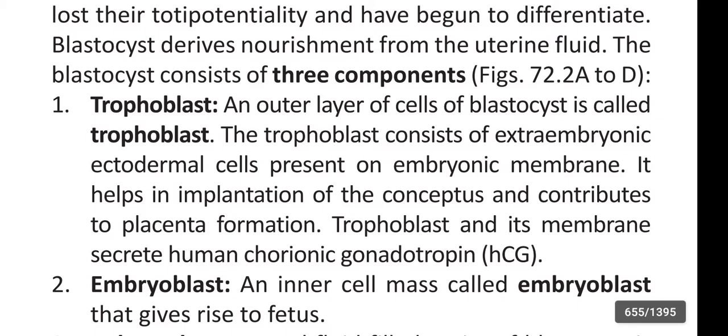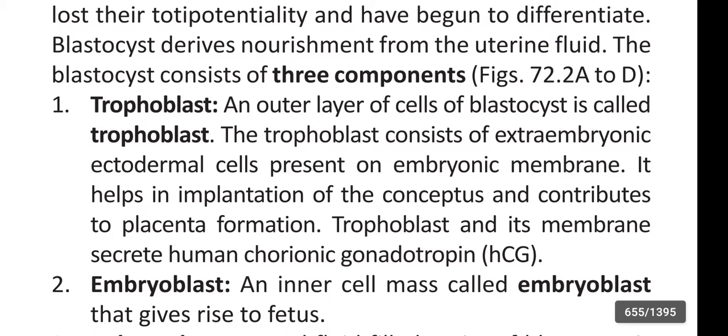Okay. Trophoblast, an outer layer of cells of the blastocyst. The trophoblast consists of extraembryonic ectodermal cells present on the embryonic membrane, and these cells help in implantation of the conceptus and contribute to placenta formation.